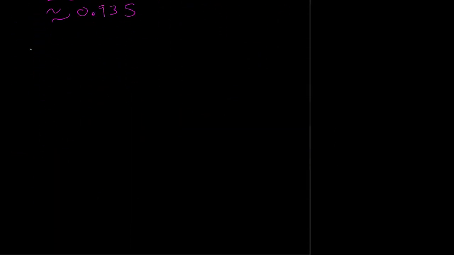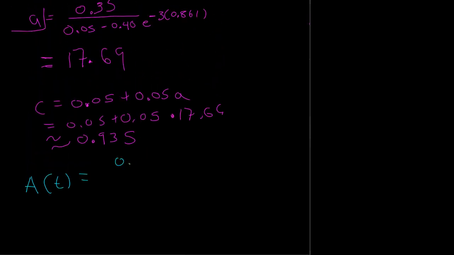So I have my amount as a function of time equals C, which is 0.935 divided by 1 plus A, 17.69, times e to the negative bt, so negative 0.861 t.